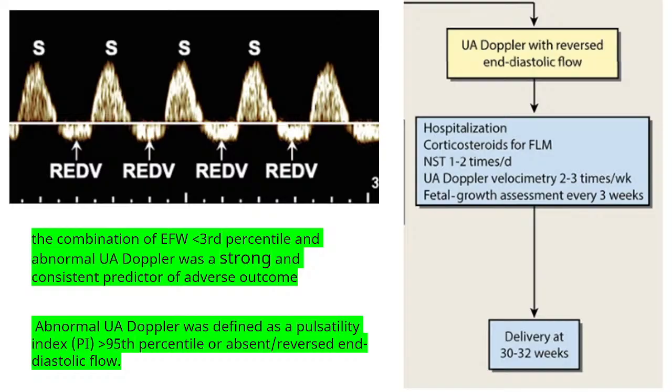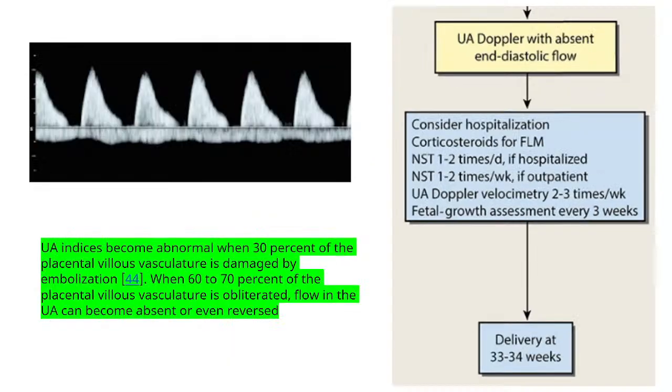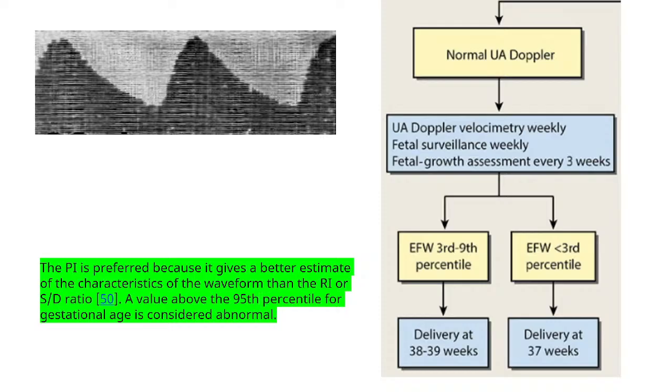Whenever you get estimated fetal weight less than the 3rd percentile and Doppler abnormalities, then you have to act accordingly, act immediately, otherwise the fetus may die inside the uterus. Abnormal Doppler does not only mean absent flow or reverse flow; there can also be other abnormality. Suppose you can see here, this much is the diastolic flow.